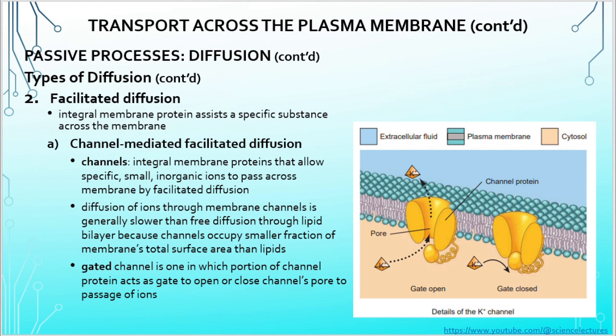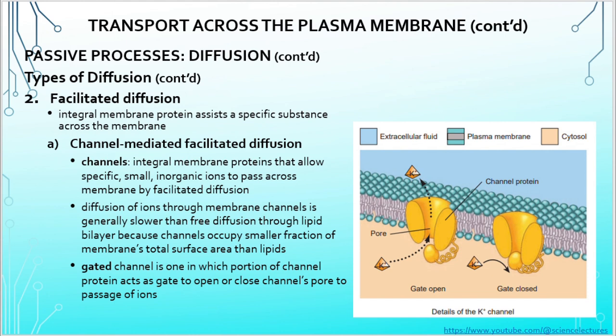In channel-mediated facilitated diffusion, a solute moves down its concentration gradient across the lipid bilayer through a membrane channel. Most membrane channels are ion channels. Ion channels are integral transmembrane proteins that allow passage of small inorganic ions that are too hydrophilic to penetrate the nonpolar interior of the lipid bilayer.